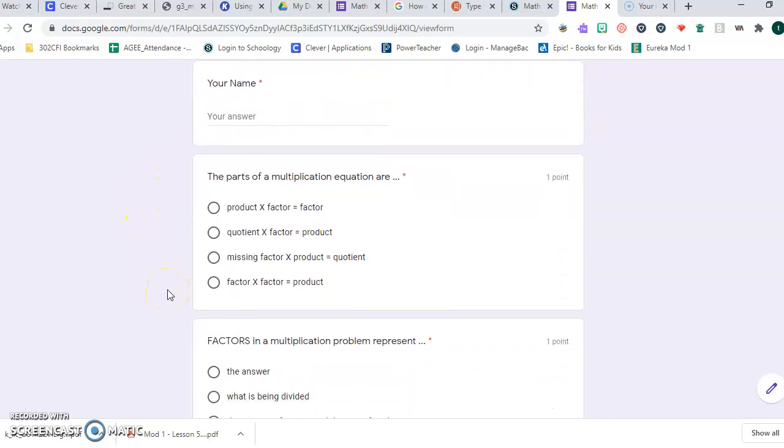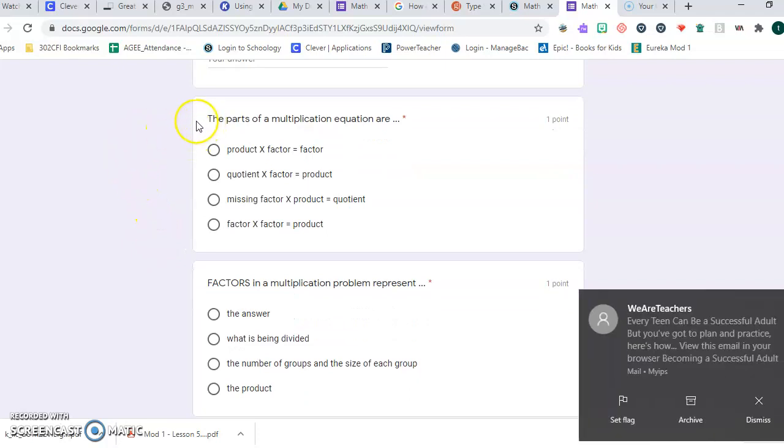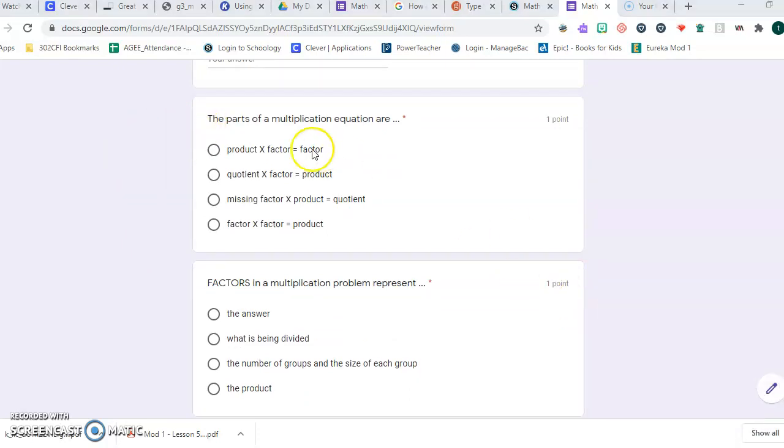So you fill in your name. You have some questions here. I'll go ahead and read them to you, and you can pause the video if you need to. It says the parts of a multiplication equation are: product times factor equals factor, quotient times factor equals product, missing factor times product equals quotient, or factor times factor equals product.